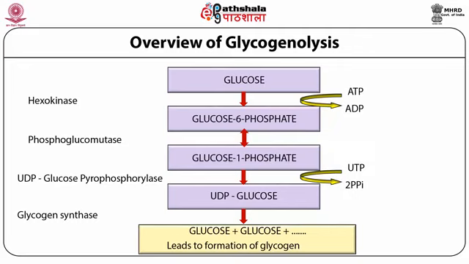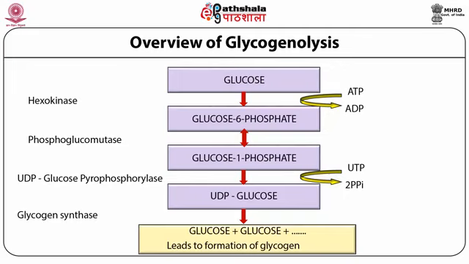It is transferred to the hydroxyl group of the C4 end of the glycogen to form an alpha-1,4 glycosidic bond. Glycogen synthase catalyzes only alpha-1,4 glycosidic bonds. It results in the formation of alpha-amylose.